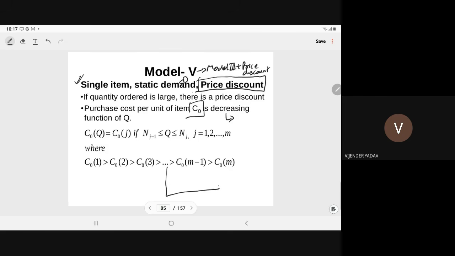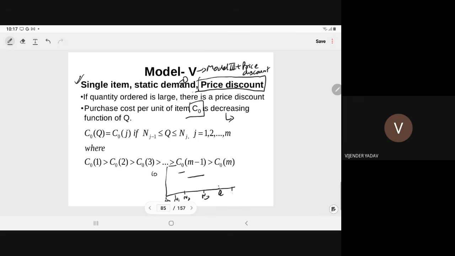Here we have C naught against the quantity. Let's say this is n naught, n1. So it is this cost. Then for n2, it is this cost. For n3, we have this cost.